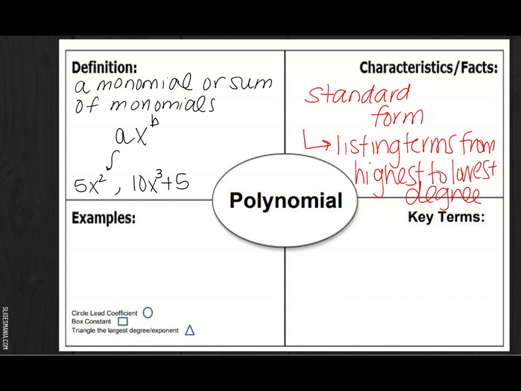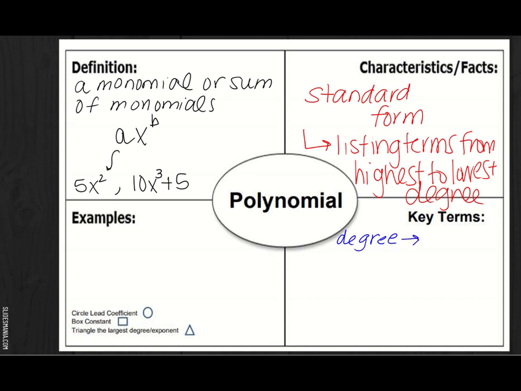Well, it's probably a good idea to know what degree means. So let's define some key terms here. Three key terms we're going to talk about are degree, lead coefficient, and constant. Let's talk about what degree is, considering we just said standard form is highest to lowest degree.